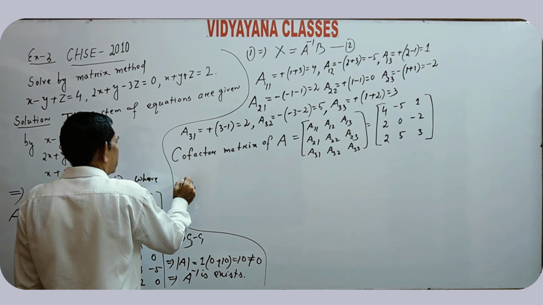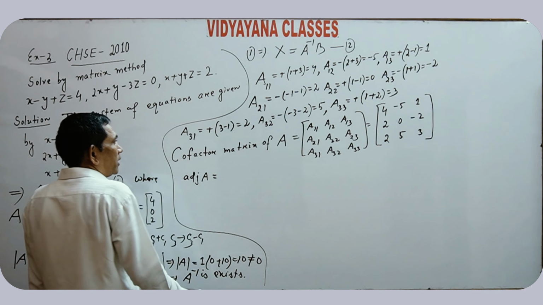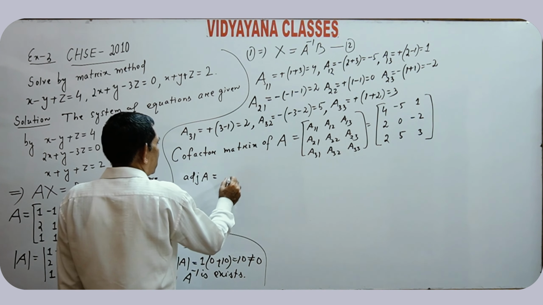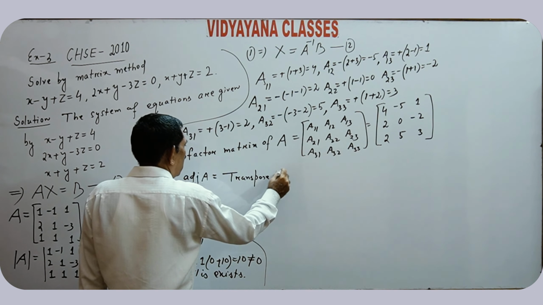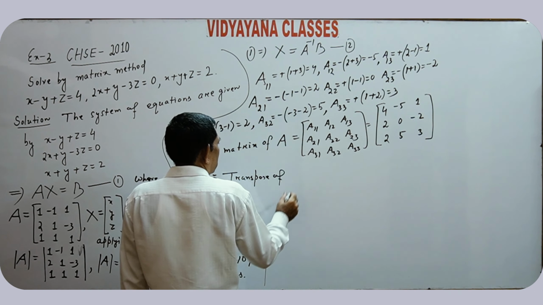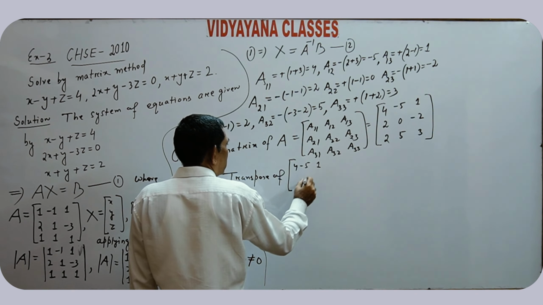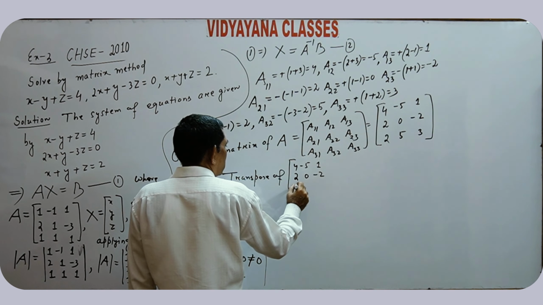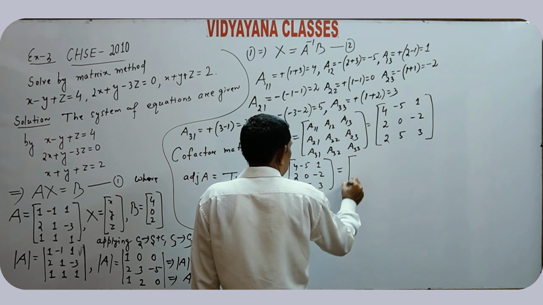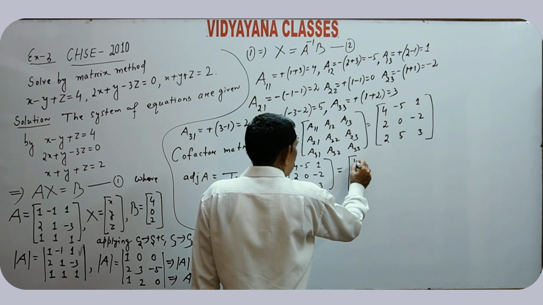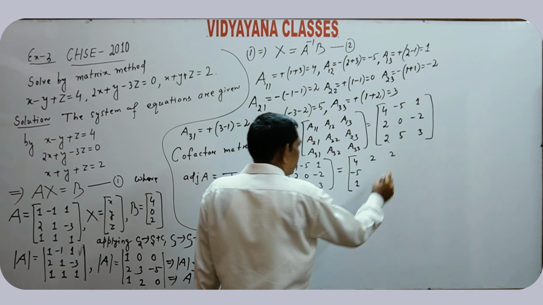Adjoint A. Transpose of the cofactor matrix. Transpose of 4 minus 5, 1. 2, 0 minus 2. 2, 5, 3 is equal to 4, 2, 2.